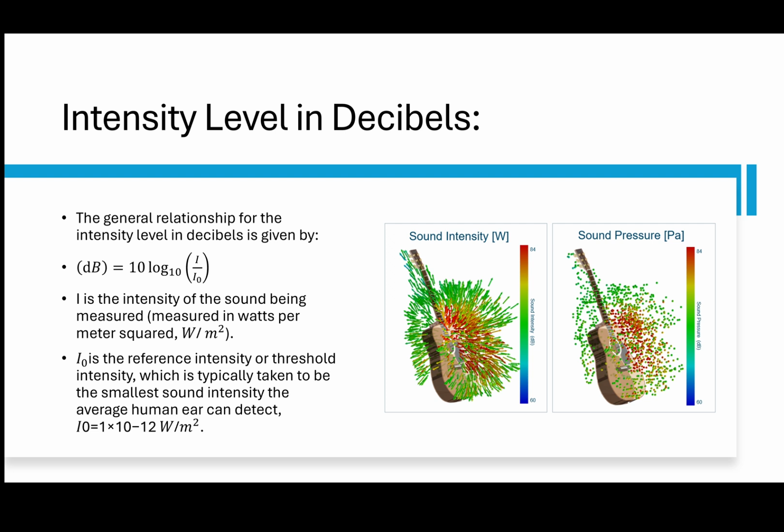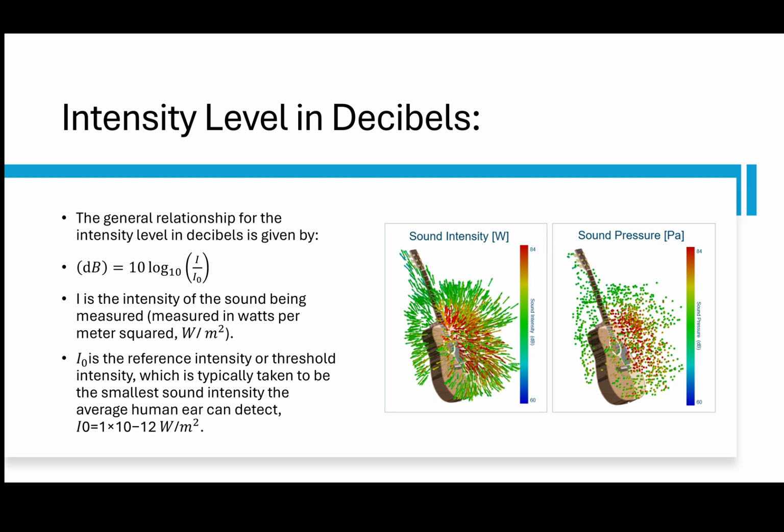The general relationship for the intensity level in decibels is given by decibels equal to 10 times the log to the base 10 of I, which is the intensity of the sound being measured, divided by I naught, which is a reference intensity or the threshold intensity, typically taken to be the smallest sound intensity that an average human can detect.